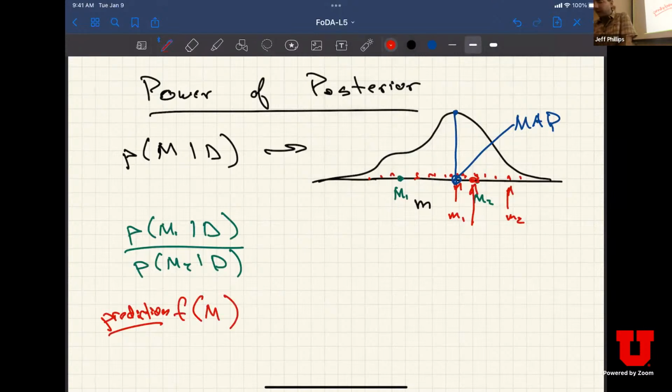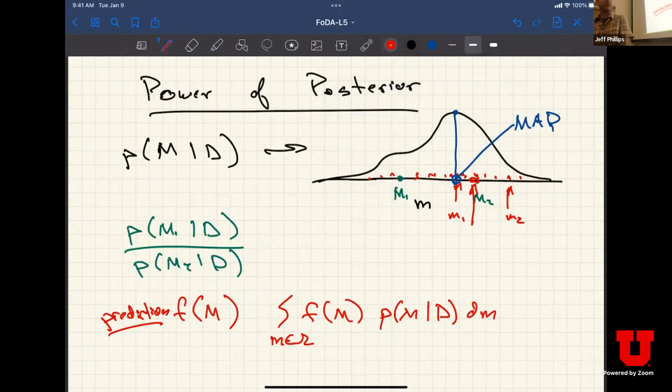I can integrate over the space of all the models of the function value times the posterior of the model given the data. So I can integrate over these models, and if I have a sample, it turns into a sum, a weighted average of the sample, which typically you can do.